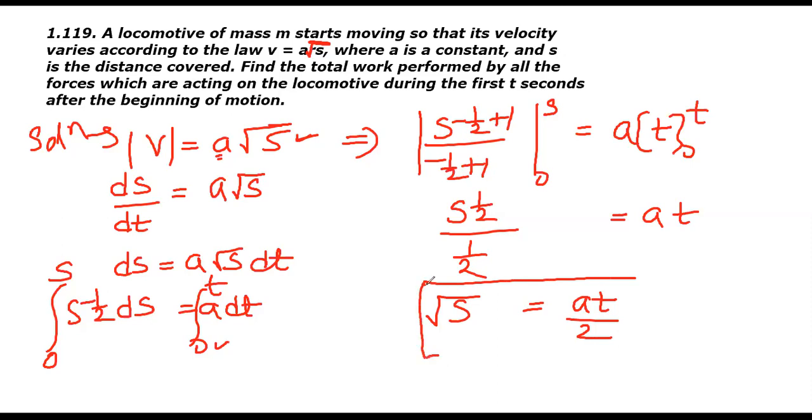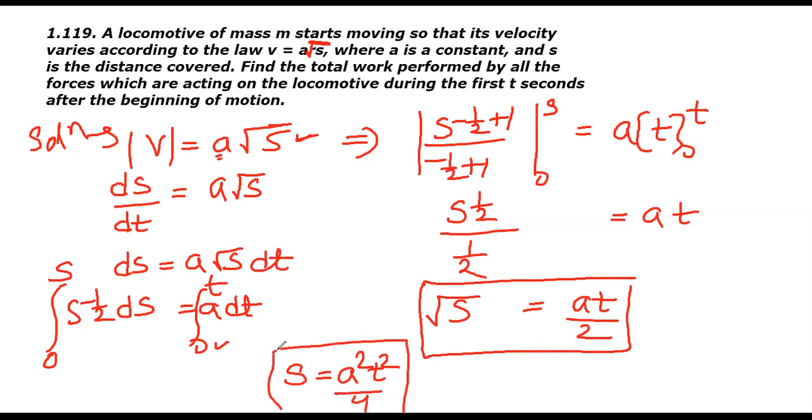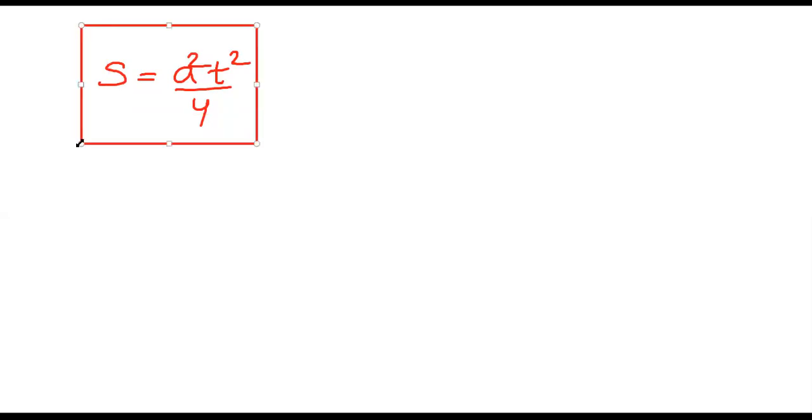Now we square it, and it becomes s equals a square t square by 4. Okay, students, let me take a new page for you. So s equals a square t square by 4.